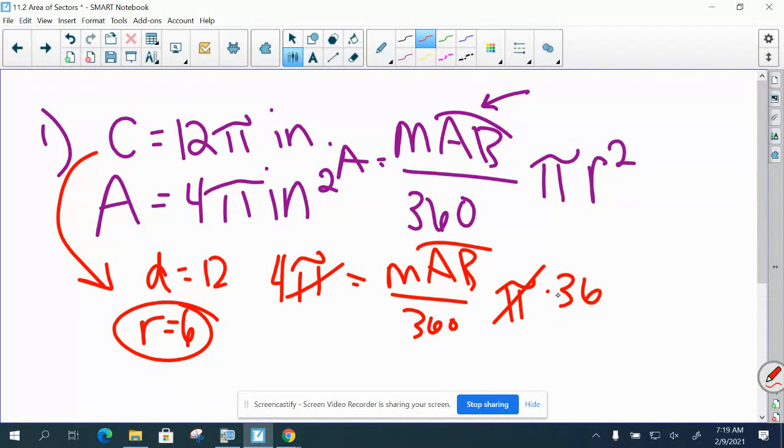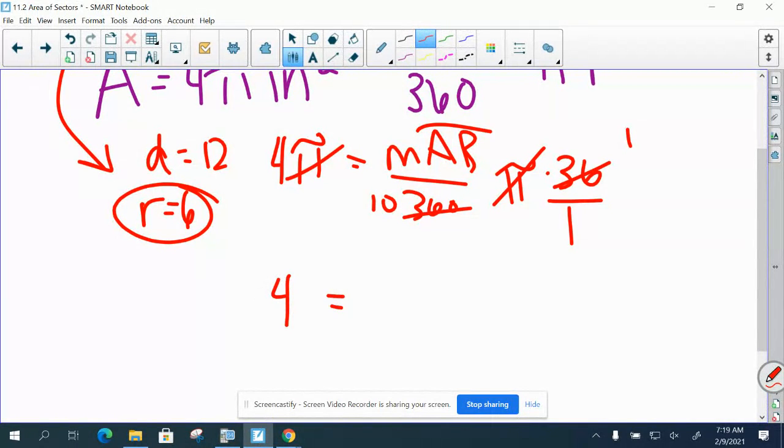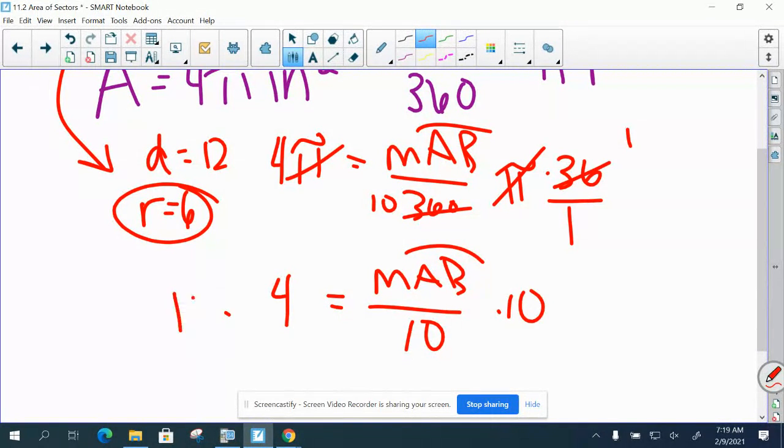One thing I would do is to see if 36 over 360 simplify, and they do. So this would be simplified to 1 over 10. Right, so now I'm going to recopy what I have left over. So I have 4 over here, and then I have the measure of the arc over 10. So all I need to do now to get the measure of the arc is multiply both sides by 10. And then I get 40 equals the measure of the arc, 40 degrees. And that is what they asked to find.